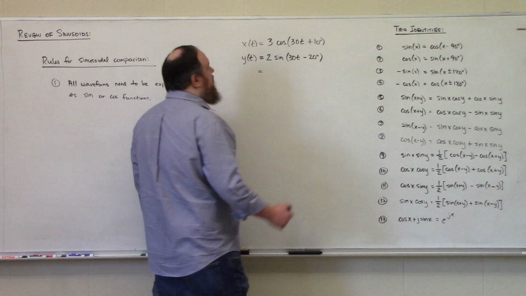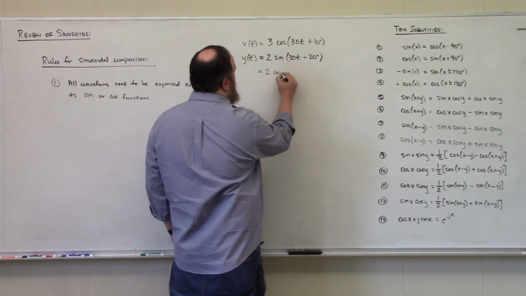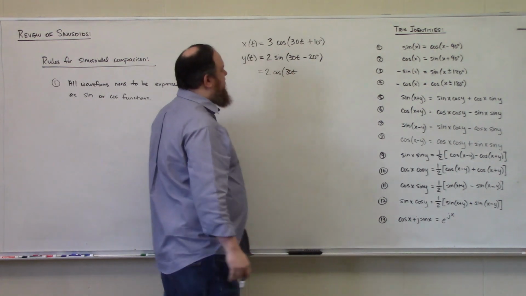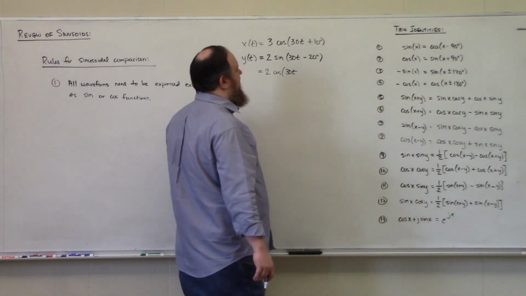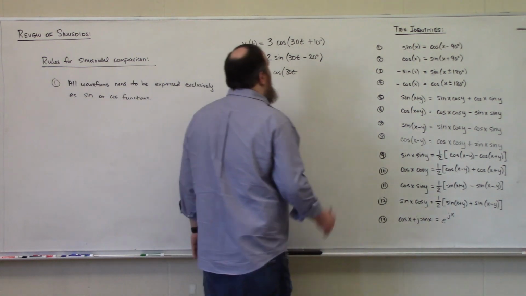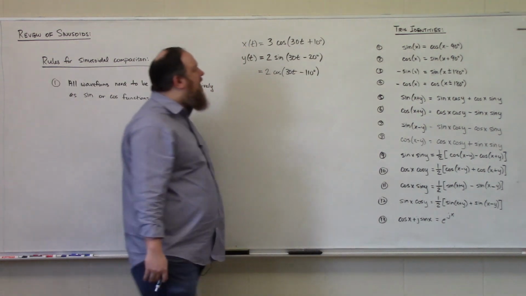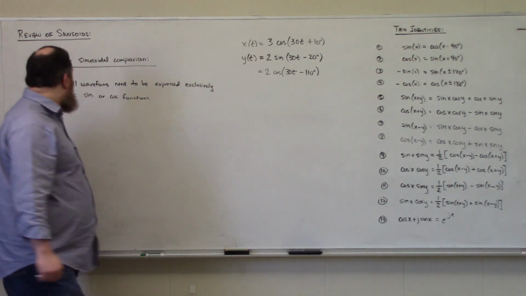So my magnitude's going to stay the same, so I'm going to have 2 cosine, my angular frequency and all that stuff is going to stay the same, but I need to subtract 90 degrees from my original phase angle. So negative 20 minus 90 is negative 110 degrees, and I'm now in a place where I can compare these two sinusoidal functions.